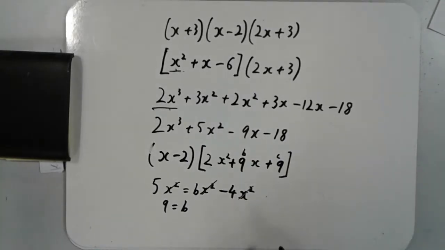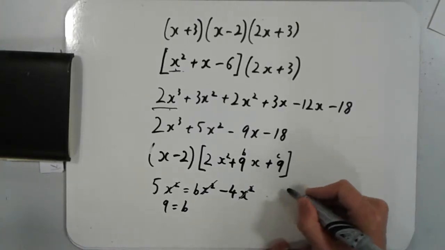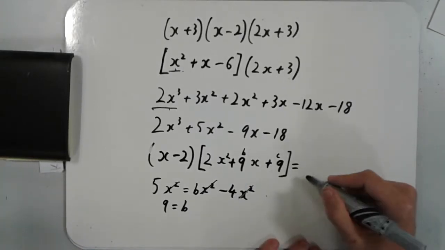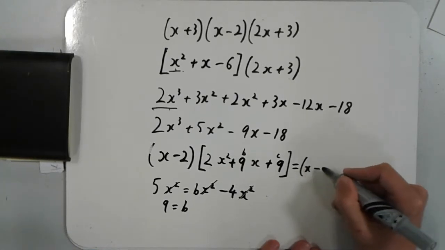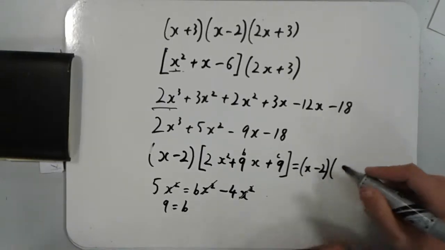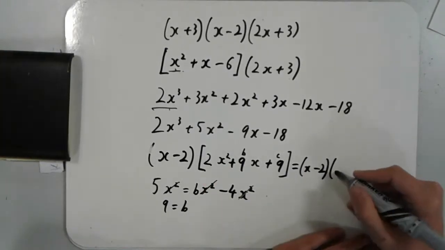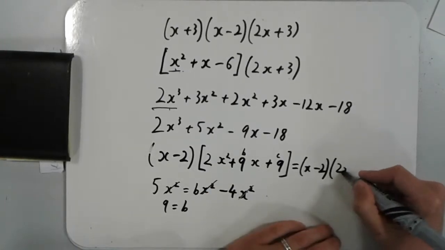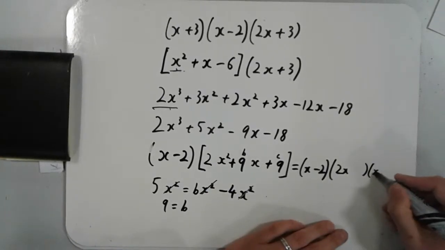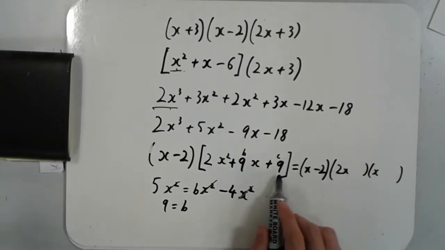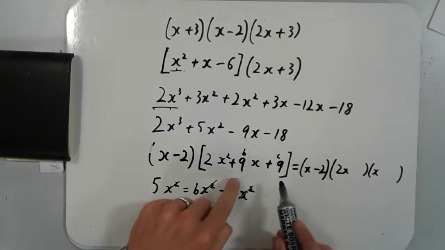positive 9. We've found that, and now this quadratic should factorise. So we know that one of those factors was x minus 2. Another factor of this will be 2x and x. Factors of 9, 9 and 1.